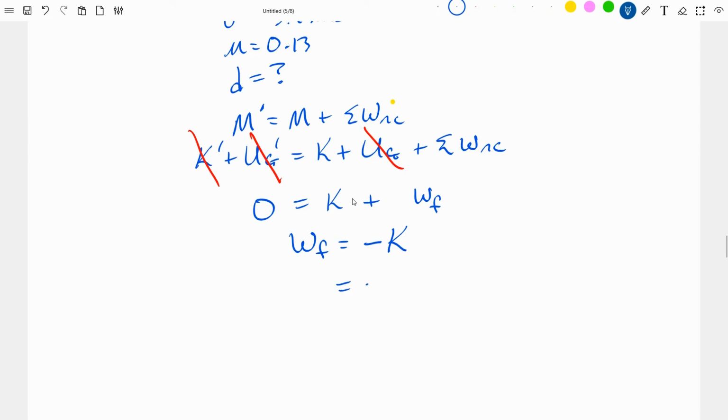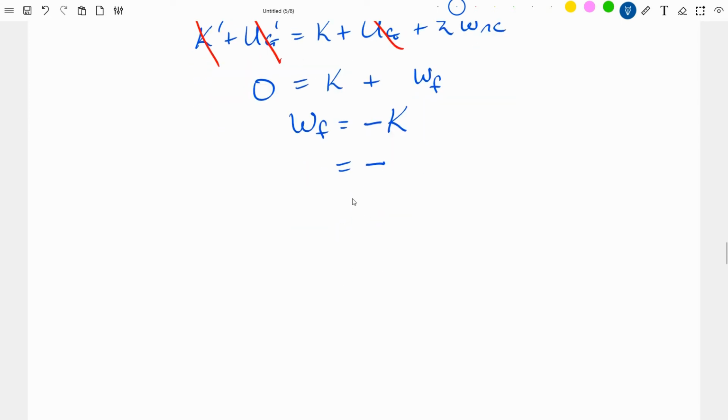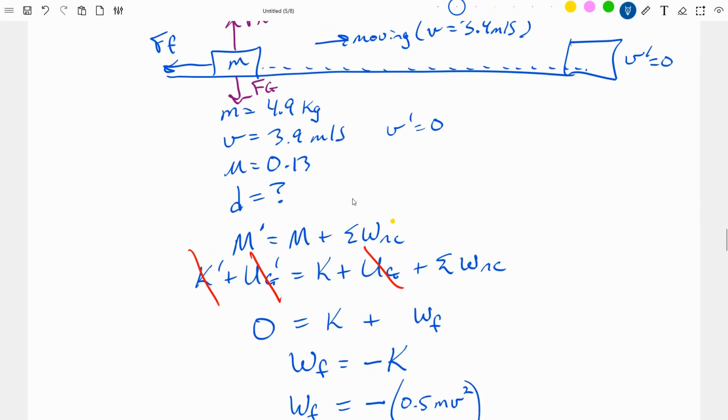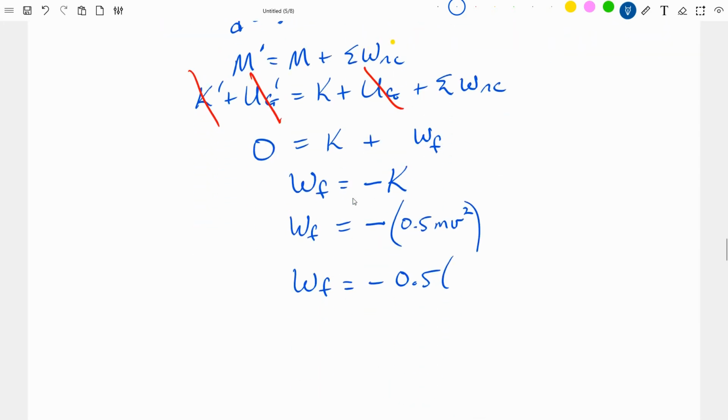Yes, so the negative of the kinetic energy. Now, for the record, kinetic energy is positive, but we're looking at the negative of that kinetic energy. So 1/2 m v, the v that you started at, squared. That's how much work friction had to do. So the work done by friction is negative of 0.5, 4.9, 3.9 squared, right?